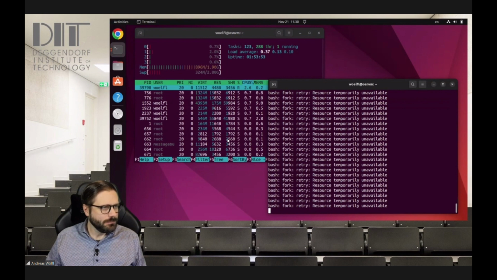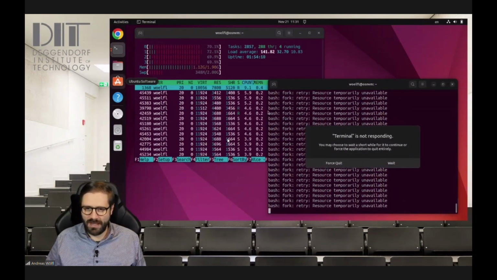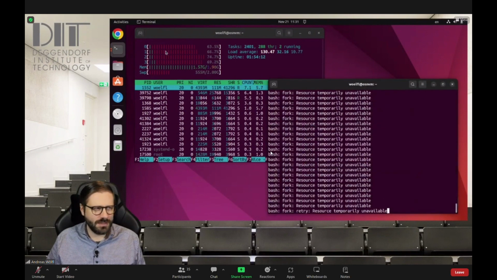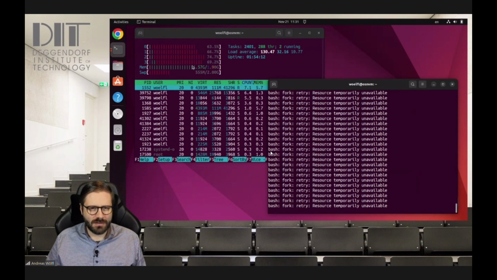And yeah, unfortunately, my virtual machine is unresponsive again. Huh. So what's happening here? This terminal is not responding, and you see the load in the second HTOP window is pretty high, and the pressure on the main memory is also pretty high.